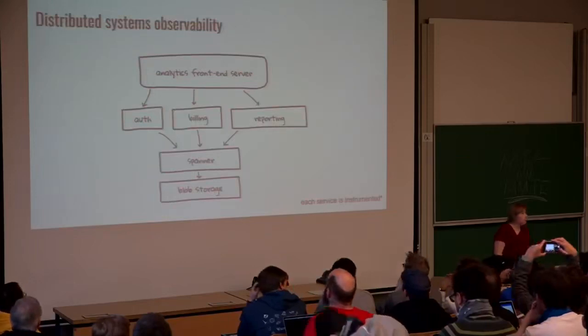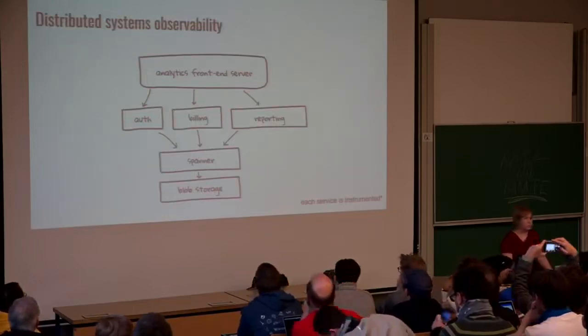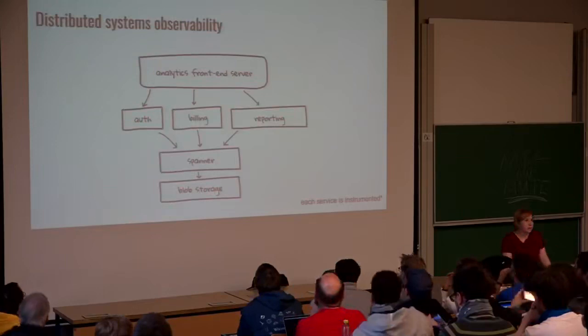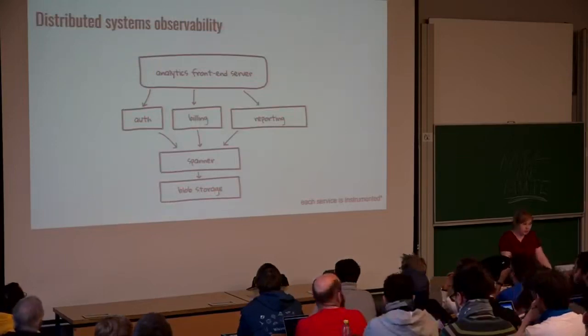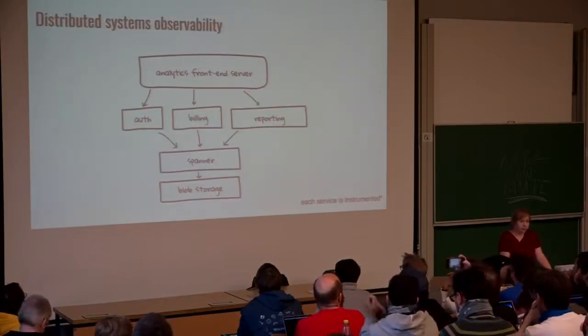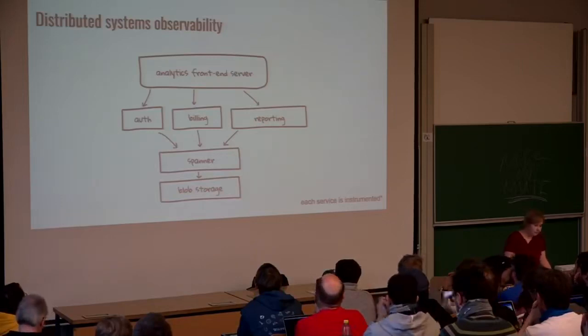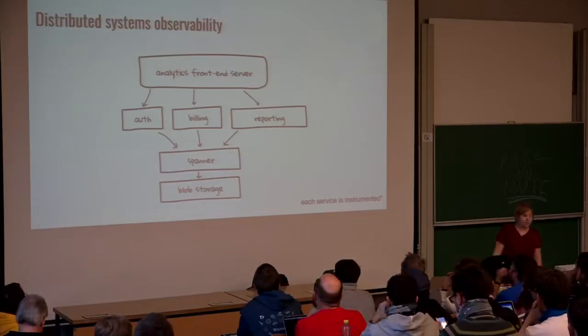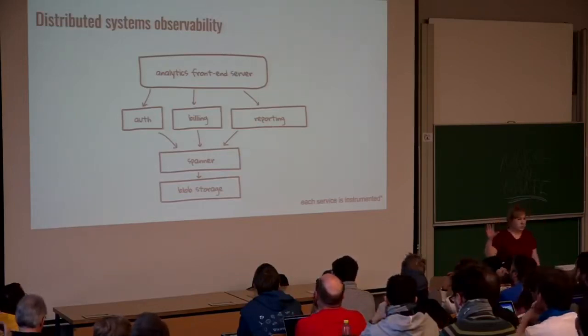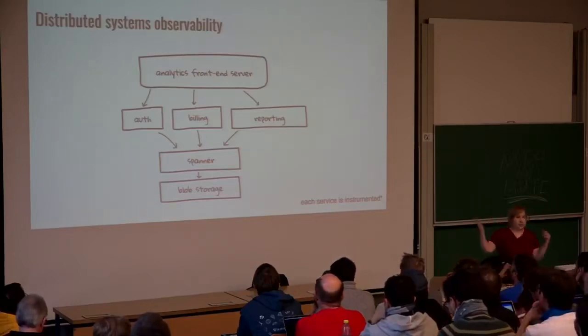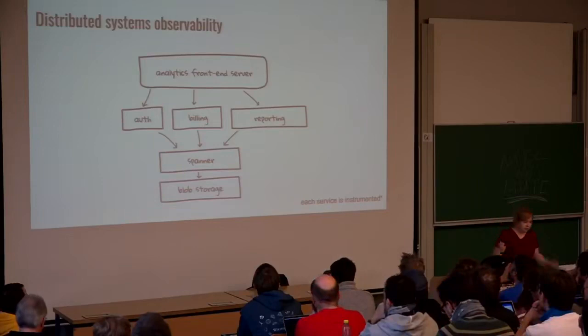Before digging more into distributed systems observability, I want to briefly explain why it is different from observing monolithic systems. This is a typical architectural diagram for pretty much every product at Google. We usually have this user-facing, business-logic-heavy front-end server that depends on other various services.